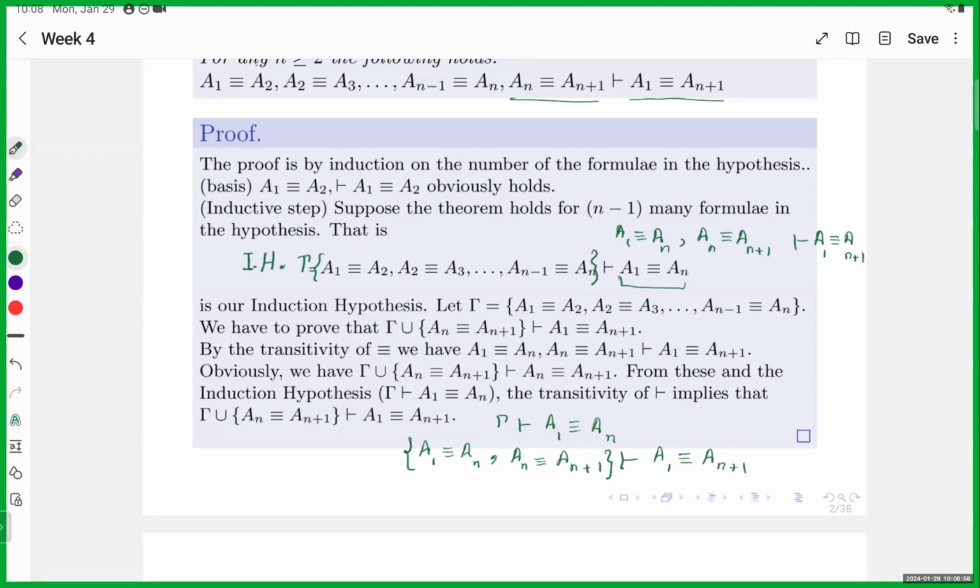Now gamma proves both of these formulas. Gamma proves this, this is the inductive hypothesis. Nope, sorry, this is in gamma. So this belongs to gamma. Therefore, gamma proves it.